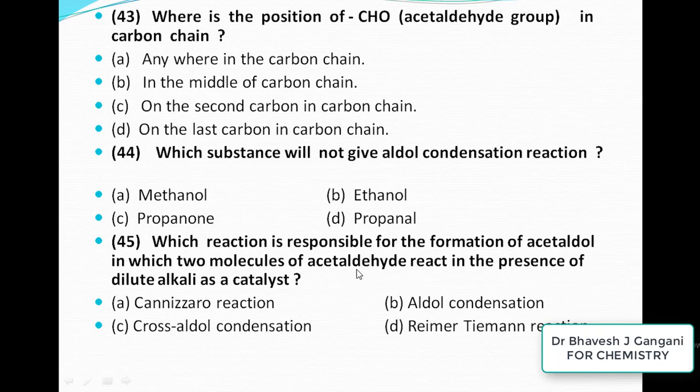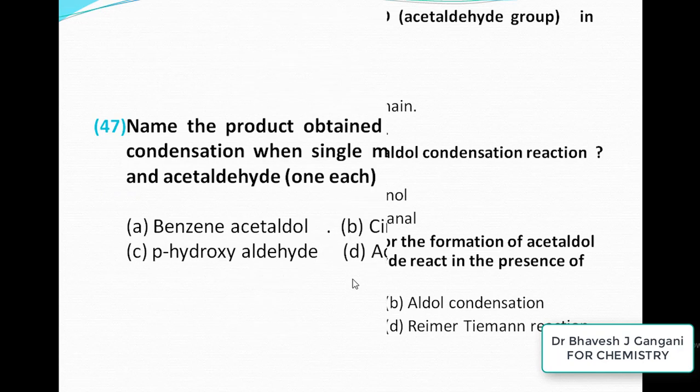Now here acetaldehyde we have taken, it is the same, only one type of aldehyde, and one type of aldehyde gives us aldol condensation reactions. So acetaldol will be obtained from acetaldehyde by aldol condensation reaction.